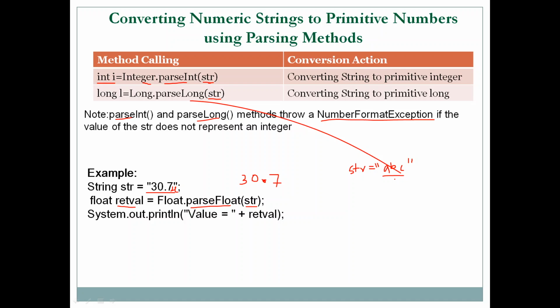No. In that case, it will throw NumberFormatException. If we have digits in double quotes, say 1, 2, 3, or any other digits 0 through 9, these can be converted into a numeric type. But if you have some alphabets or some special symbols in a string, and you try to convert it into a numeric type, it always fails, and that time it throws an exception, an error, that is NumberFormatException.